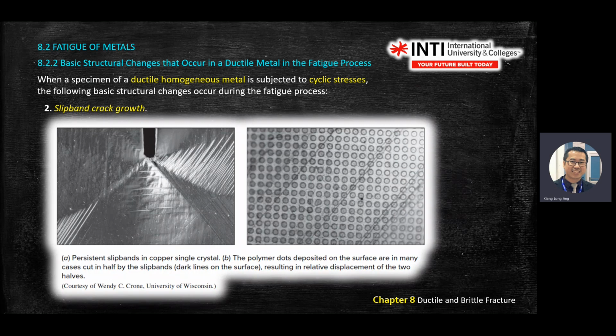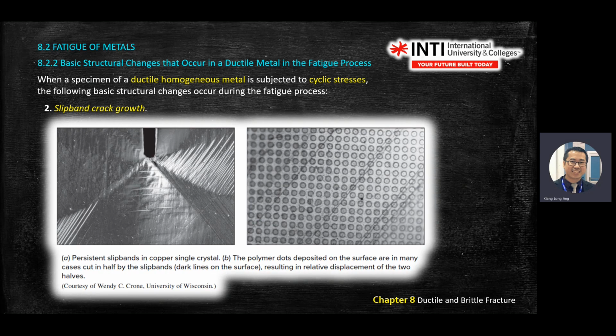So this is on a microscope dimension. This is a slip band growth. This is on a copper single crystal. See the slip plane here. This is the polymer, which you learned in the last chapter of this module. This is the crack that slips. Okay.